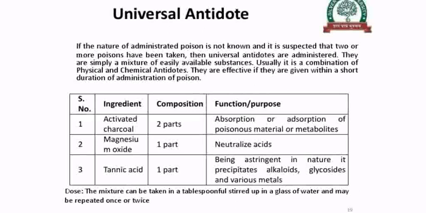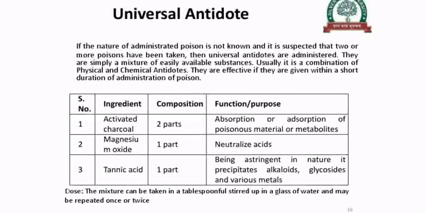The universal antidote is used when the nature of poisoning is unknown. So we don't know what type of poison the body has consumed. In the earlier types we saw, we knew the nature of the poison, and accordingly the treatment or the antidote was selected.